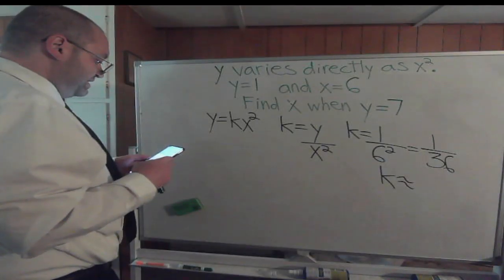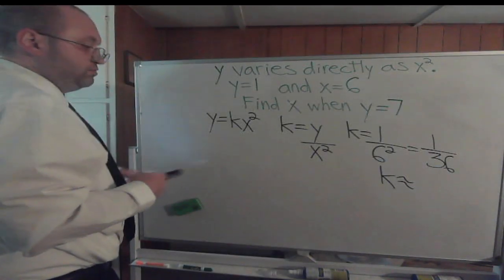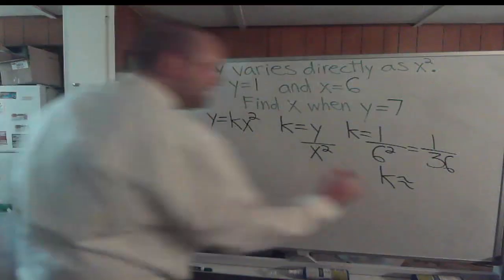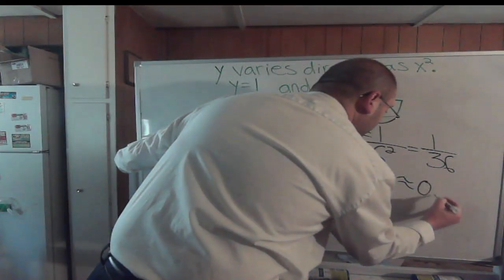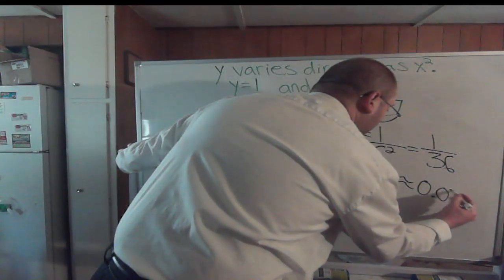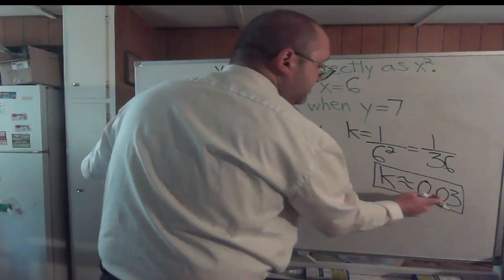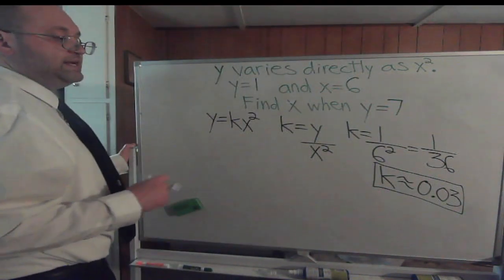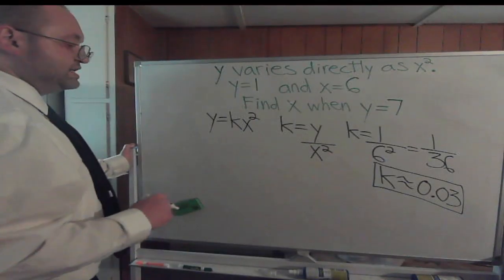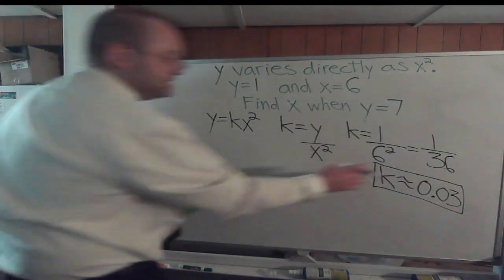Let's round that to 2 decimal places. K is approximately equal to 0.03. So your constant of variation is approximately 0.03. That's what you would get for a decimal. So you found your constant of variation.